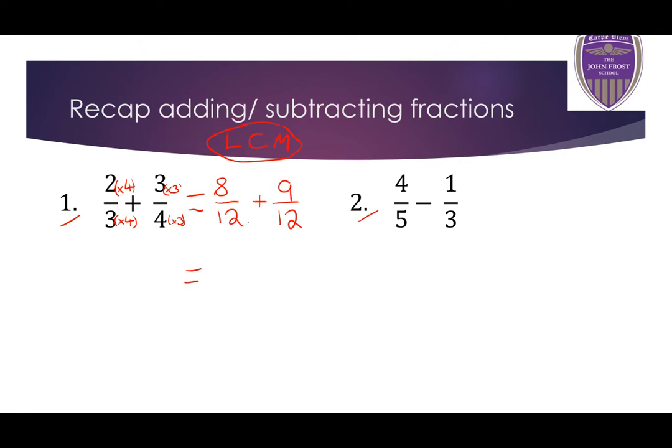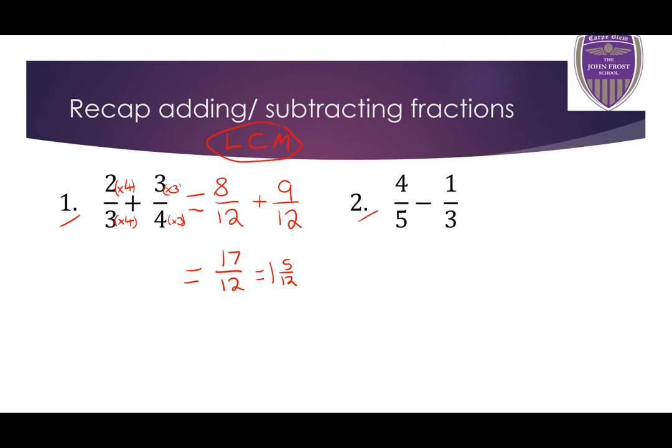Now, because these are both over 12, I can collect the fractions. 8 twelfths plus 9 twelfths is equal to 17 twelfths. This is an improper fraction. If you wanted to write it another way, you could have it as 1 and 5 over 12. Either way, it's fine.